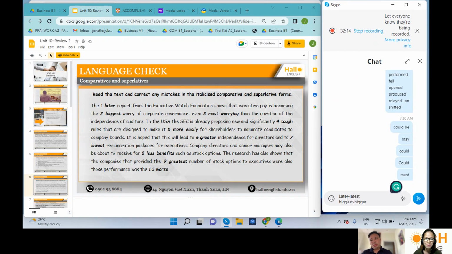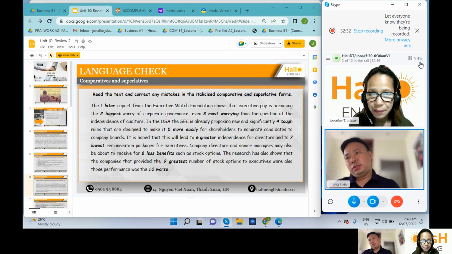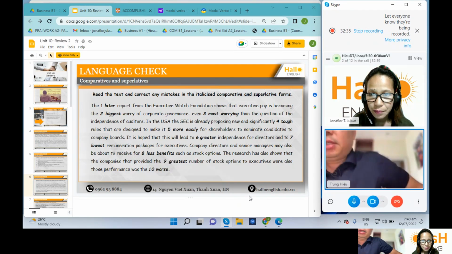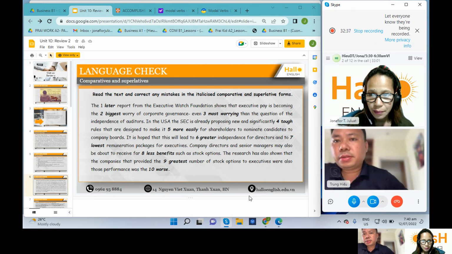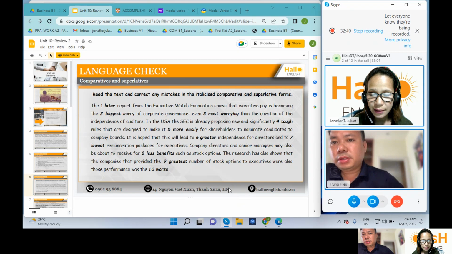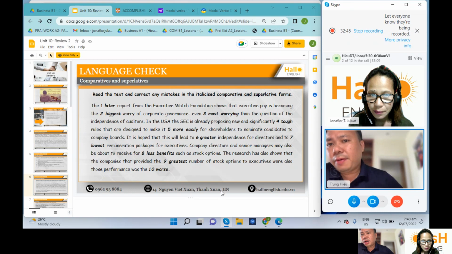Bigger, but it has the in front of it. I think when there is the in front of the comparative, it becomes superlative because it has the.